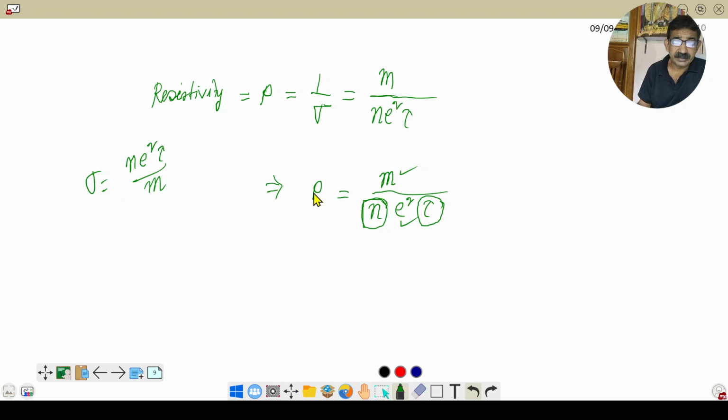So resistivity comes from the electronic mass, electronic charge, electron density, and relaxation time. This is all about the relation between resistivity and electronic behavior.